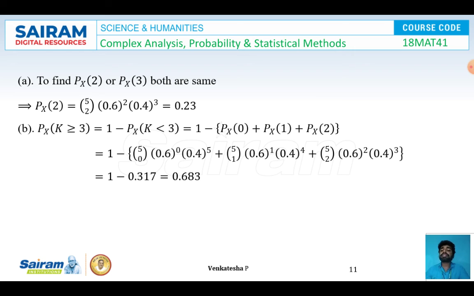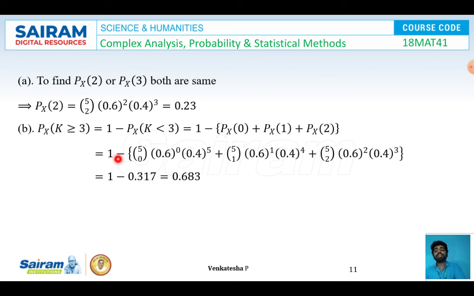Similarly, P(X≥3). The alternative formula is 1 minus P(X<3). We can write it as 1 minus [P(0) plus P(1) plus P(2)]. It is nothing but, in the P(X=k) equation, replacing k equal to 0, k equal to 1, k equal to 2 and adding that.